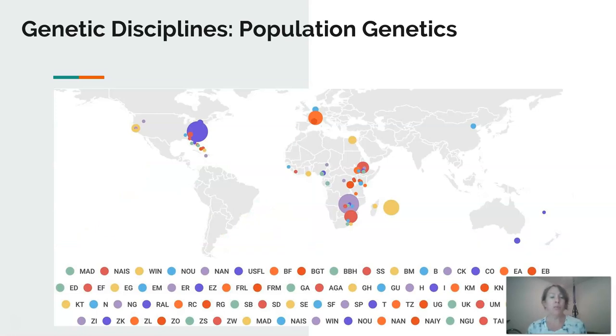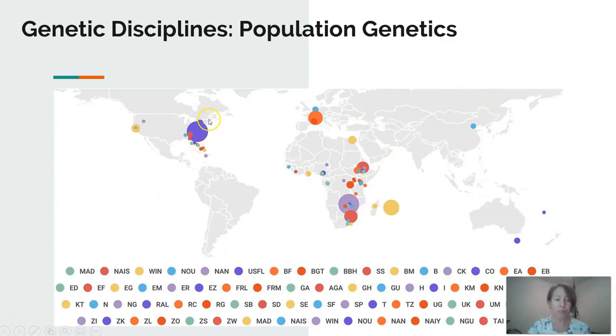And the third discipline we're going to talk about is population genetics. Population genetics is the study of variation. They're looking at how genes vary within a population as well as between populations. This is a map of human populations.